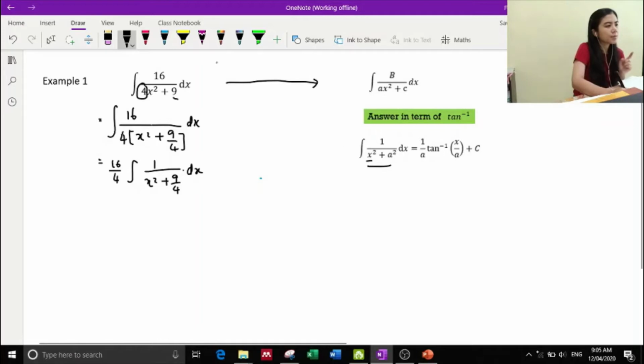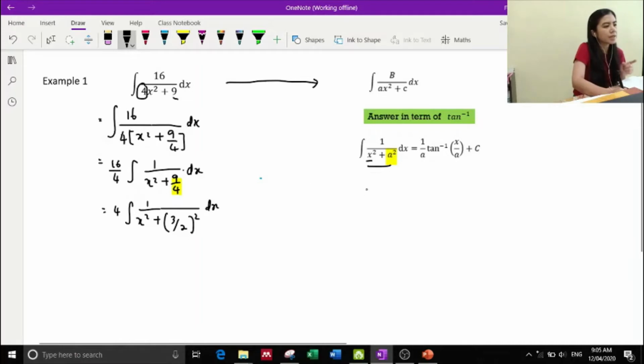Now let's compare to what we have here. Supposedly we should have something in terms of a square. You observe the 9 over 4: you can write it in terms of a square, that is 3 over 2 squared. Let's go for the next line. 16 over 4 gives you 4, and the 9 over 4, you can write as 3 over 2 squared.